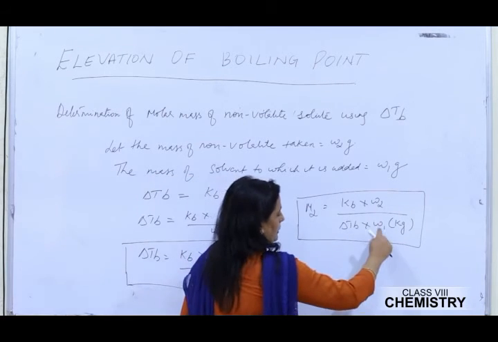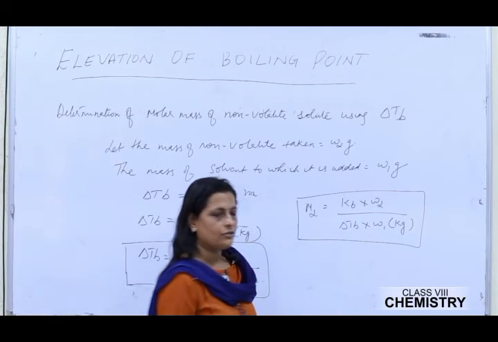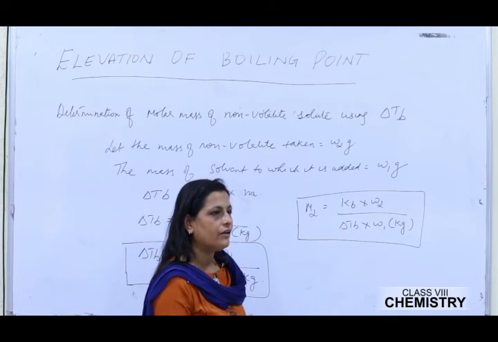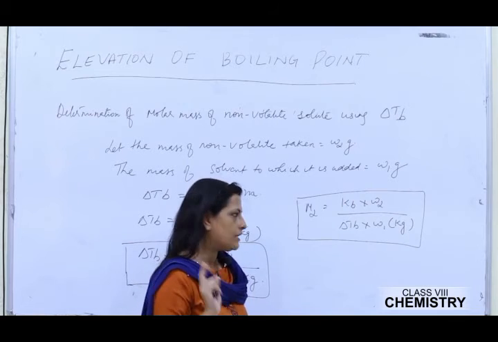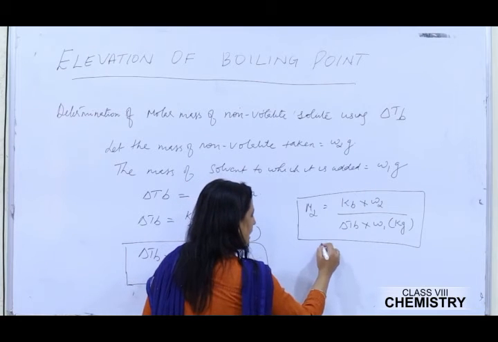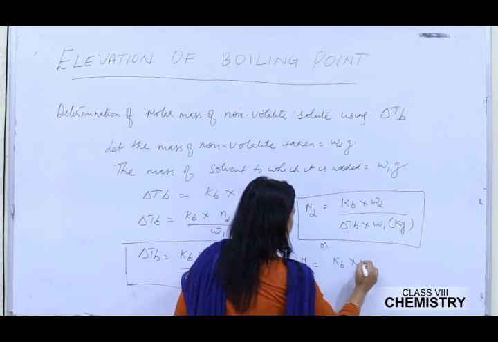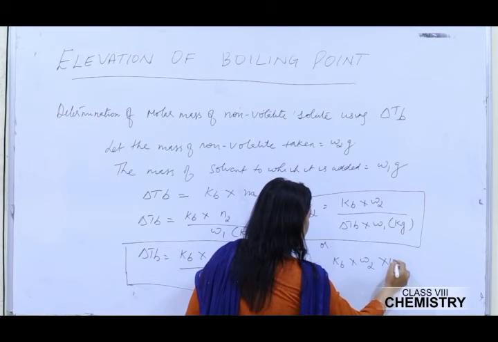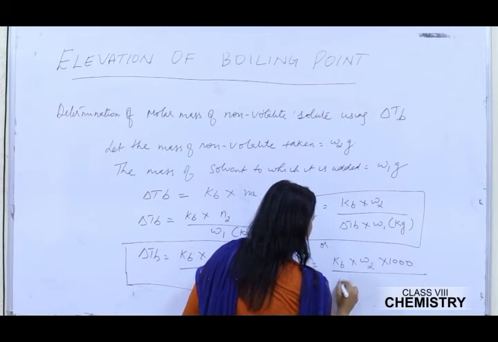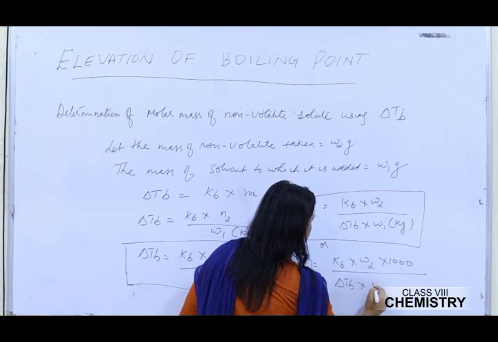So we know the mass of the solvent should be in kg. In most questions, the mass of the solvent will be given in grams, so you have to convert it into kg. In such cases you can directly use this equation: M2 equals Kb into W2 into 1000 divided by delta Tb into W1.